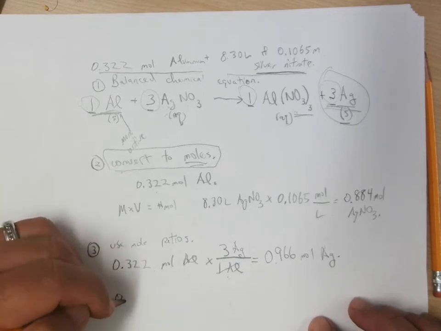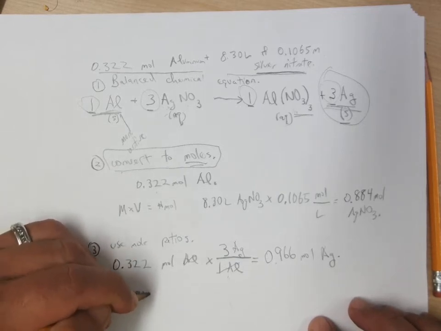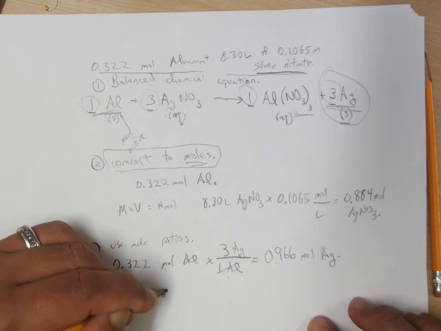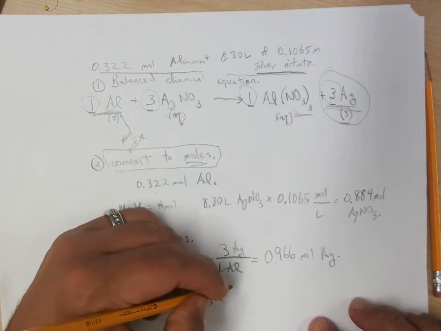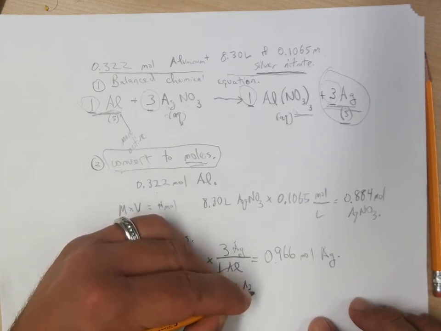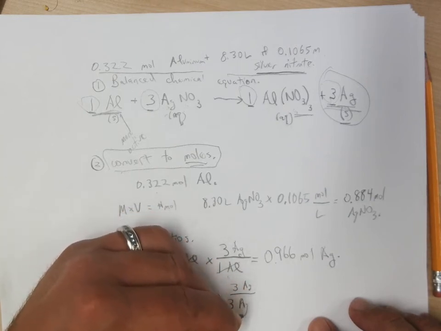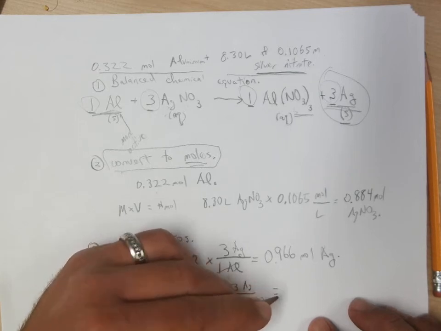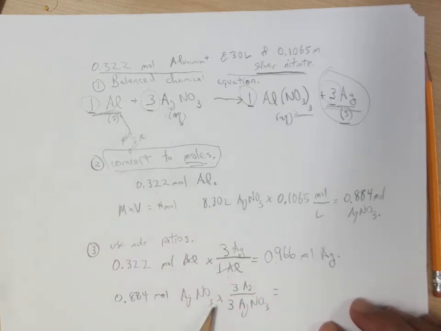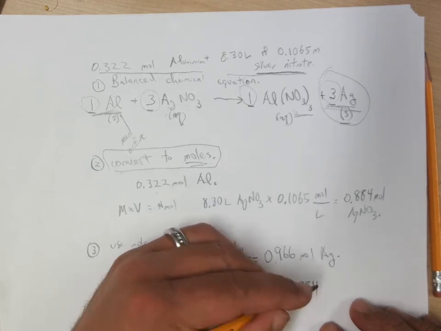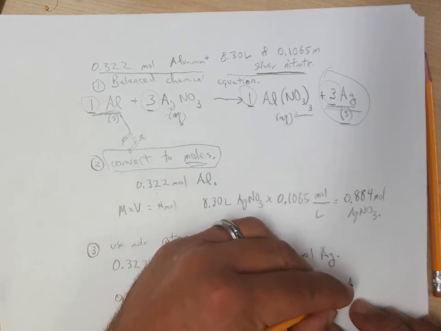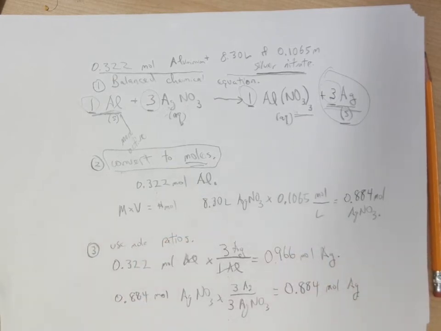And then 0.884 moles of silver nitrate times we get 3 moles of silver when we use 3 moles of silver nitrate. So times 3 and divide by 3. Hopefully you're not taking your calculator out for this one. 0.884 moles of silver would be produced if we could use all the silver nitrate.